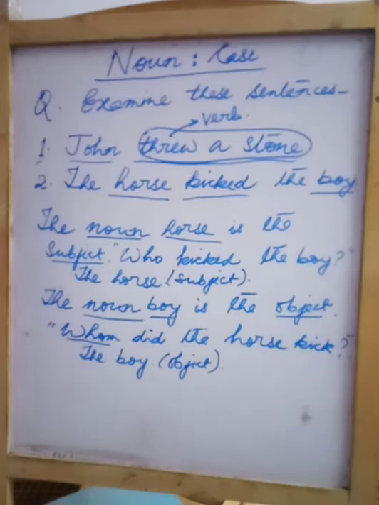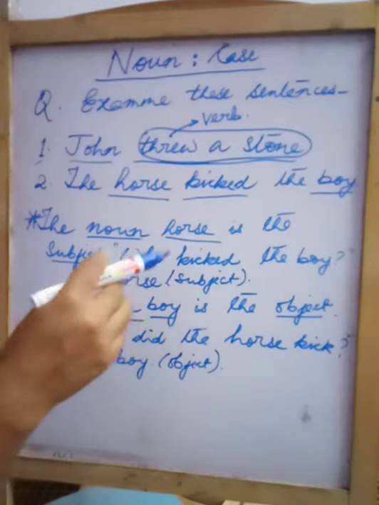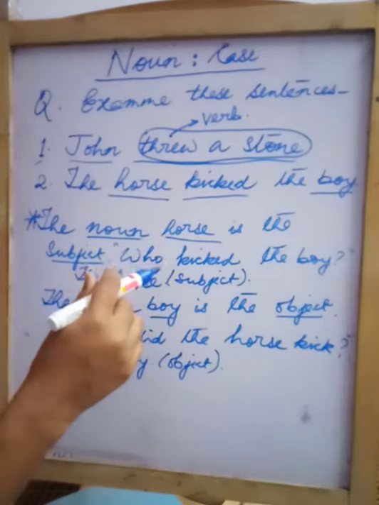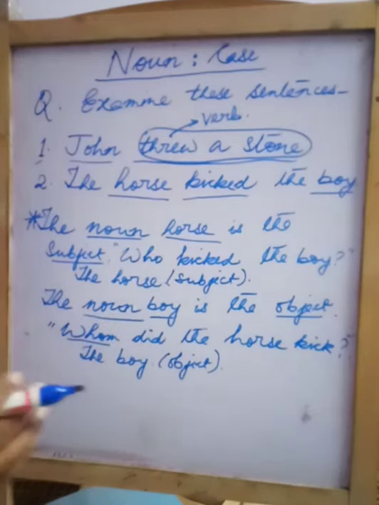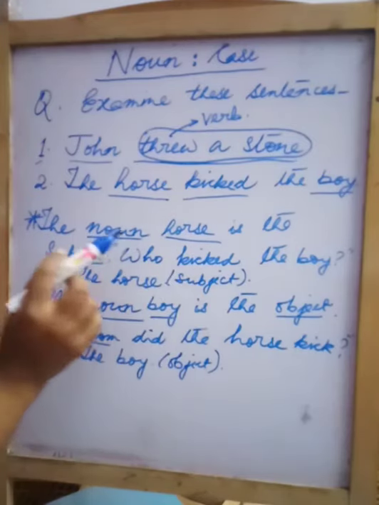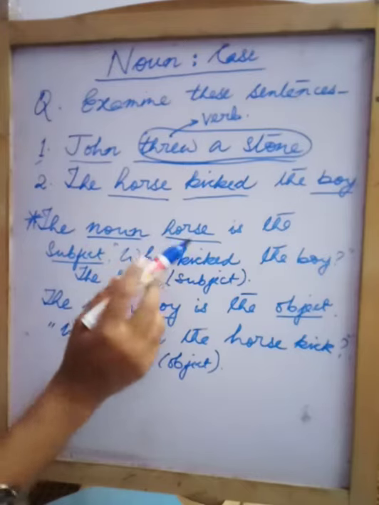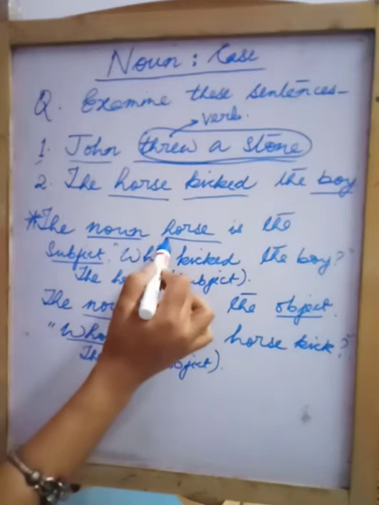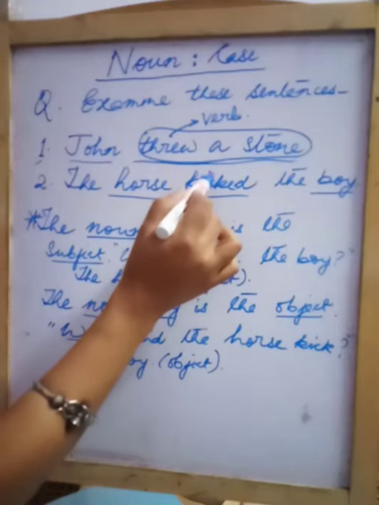Now, when the noun or pronoun is the subject, in this case, if you say the horse is the noun, suppose in place of horse we say it, it becomes a pronoun. Okay, we'll come to that later when we do the pronoun chapter. So when the noun or pronoun is the subject of a verb, here see, the noun horse is coming before the verb.